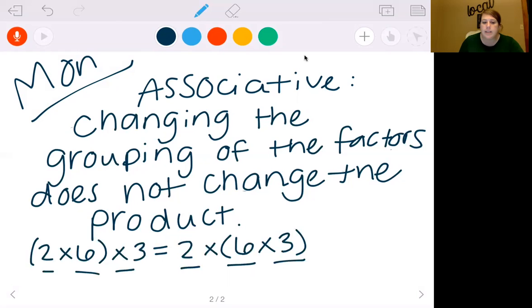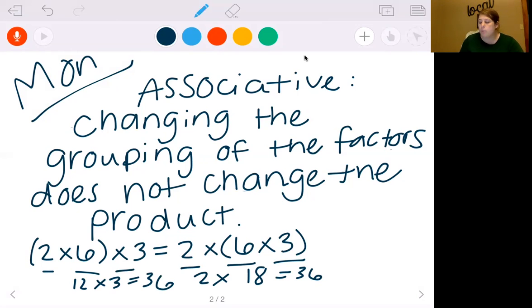The only difference is instead of grouping 2 and 6, this time I grouped 6 and 3. But it doesn't matter, I still get the same answer. If we do 2 times 6, we get 12. 12 times 3 is 36. And on this side, if we do 6 times 3, we get 18, times 2 equals 36. So it doesn't matter how we group it, we still get the same answer.